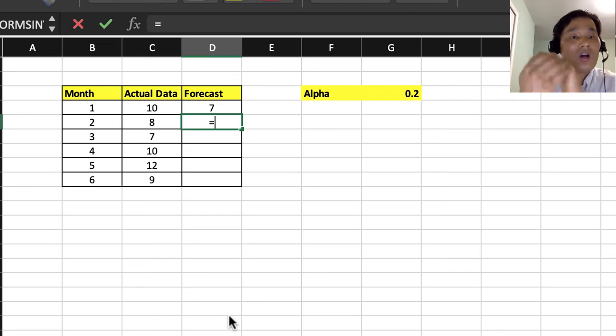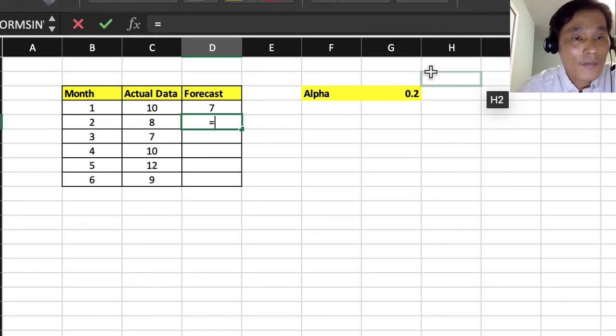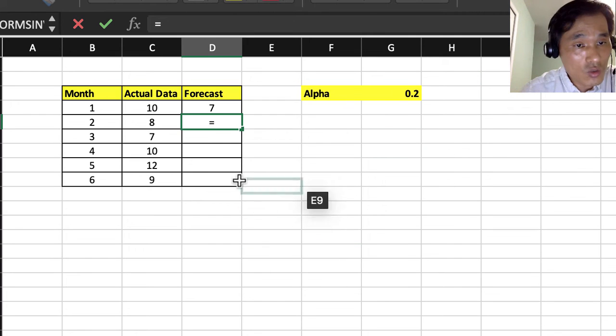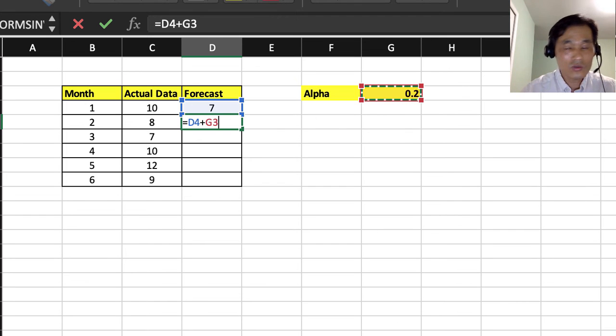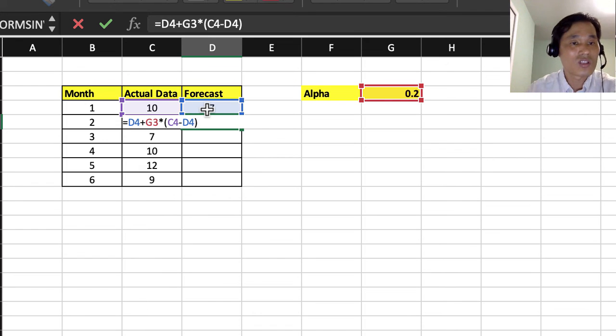And we want to apply the formula, which is Ft equals Ft minus 1 plus alpha times At minus 1 minus Ft minus 1. So here I'm going to start: equals forecasting equals Ft minus 1, this one, plus alpha 0.2 times parenthesis actual At minus 1 minus Ft minus 1. So this is the formula that we are going to be using here.